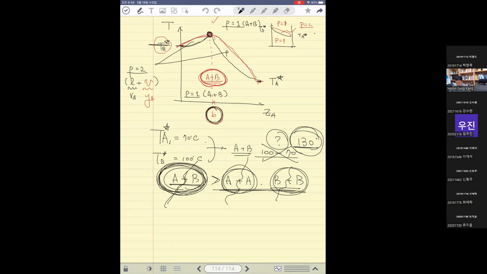Now then, let's say you had this phase diagram, and let's say I start from this composition here, and let's say this is A1.